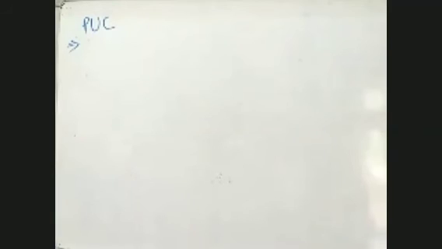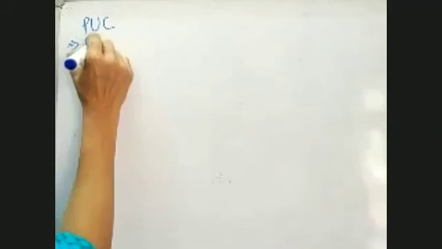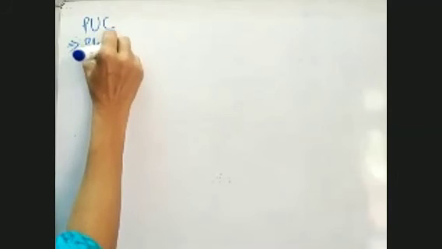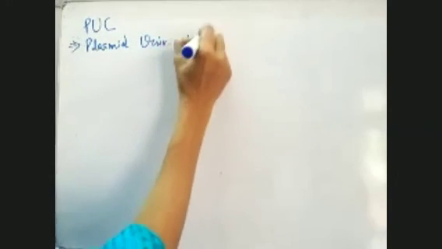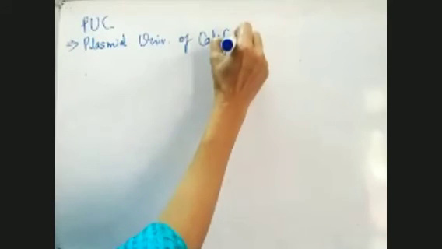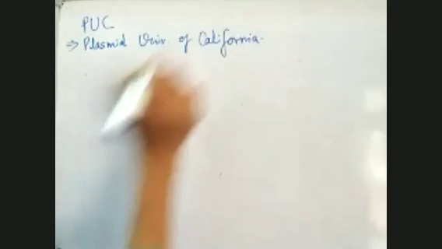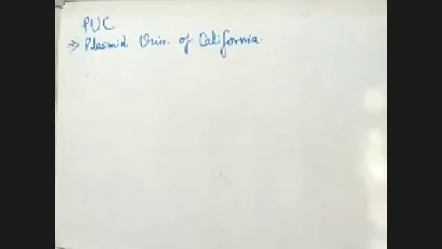So the name was given accordingly to the plasmid from the University of California. This was another plasmid. Now here in this plasmid, the rest is the same, everything is the same, but the selectable marker it uses is an enzyme producing gene.